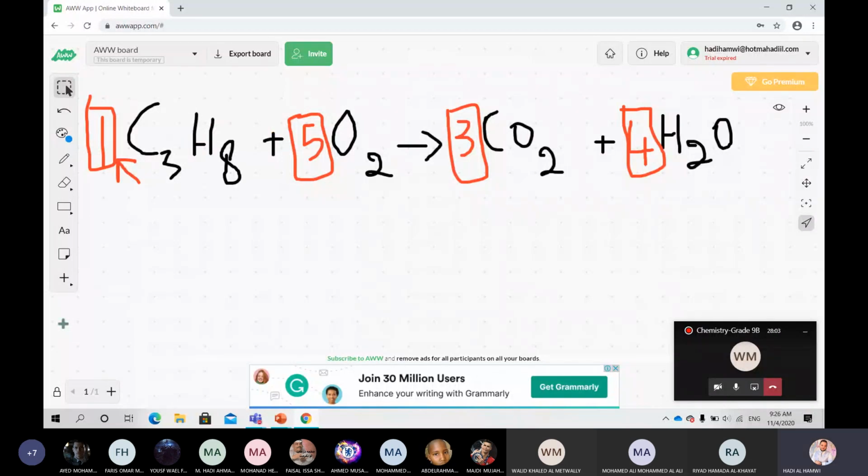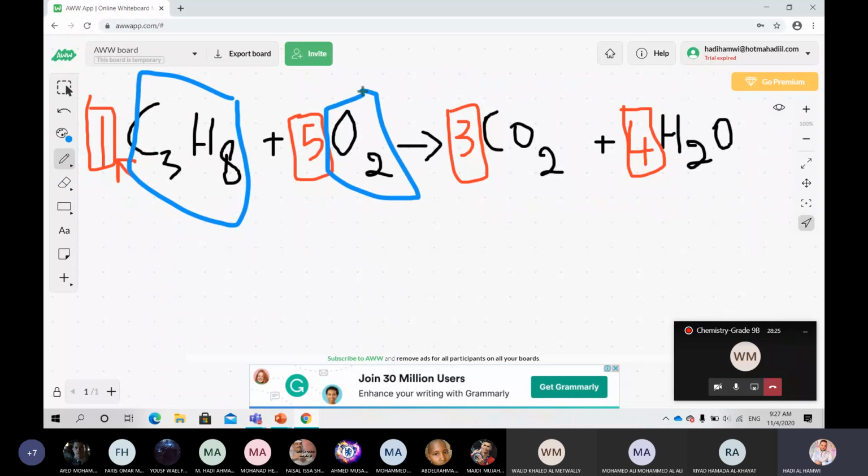How many substances in the reactants? Not the number of atoms, the substances. Here we have the first, second, third, and fourth. So how many substances do we have in this chemical equation? 4, very good. So I have 4 substances.